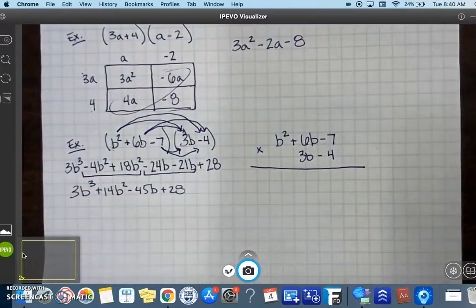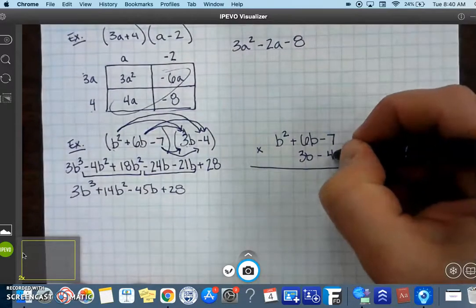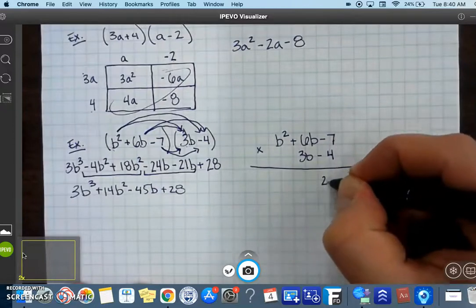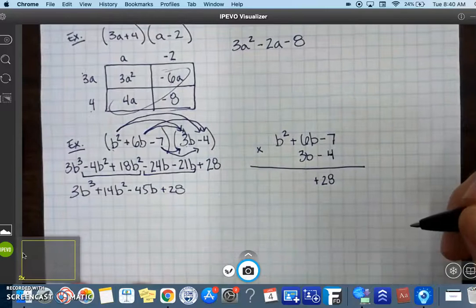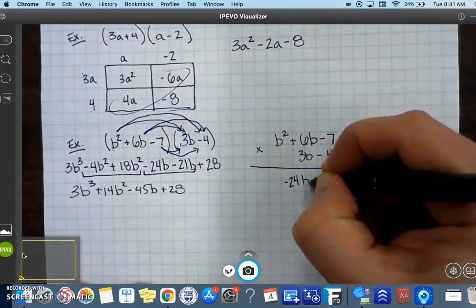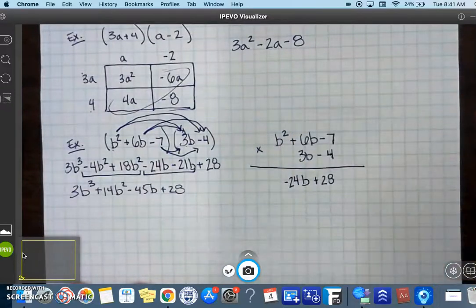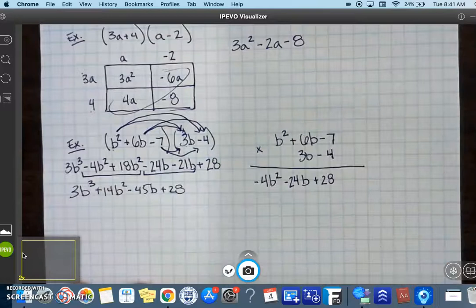Okay. So if we do this here, we can multiply just like we would. Negative 4 times negative 7, positive 28. Negative 4 times 6, negative 24b. Negative 4 times b squared, negative 4b squared.